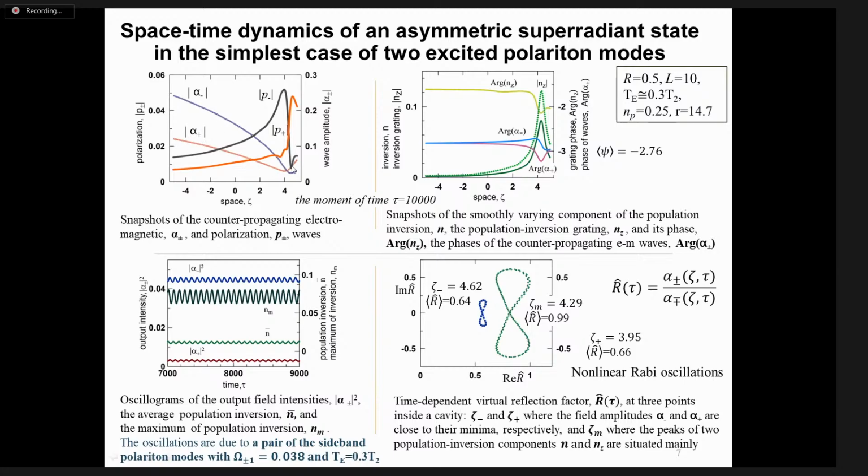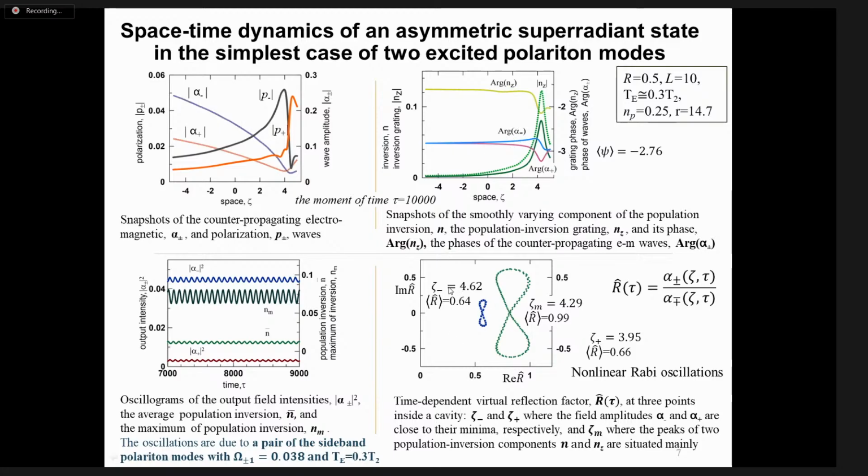They all the time experience Bragg reflections from the Hubble wave grating self-consistently, but they also have different phases along the cavity.